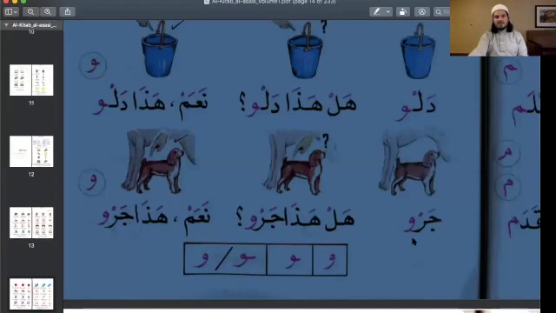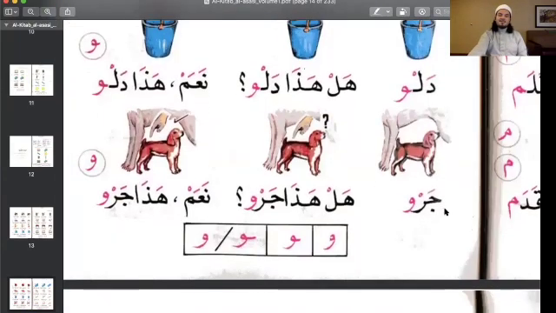Double or nothing. Jar. Wait. Jaru. Oh, okay. هل هذا جر؟ نعم، هذا جر. So this one's important, because if we put an alif after the jim and make it jaru, it means neighbor. I don't want to get these two things confused. So what does this look like?